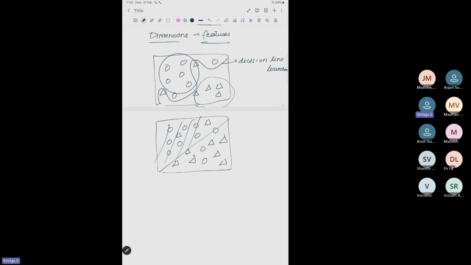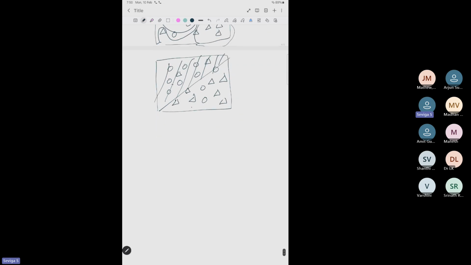This shaded region is the region for fertilized eggs, and the other region is the region for unfertilized eggs, because the majority of fertilized eggs are in this region and the majority of unfertilized eggs are in this region. So we can assume that this region is probably the region for fertilized eggs and this region is probably the region for unfertilized eggs.